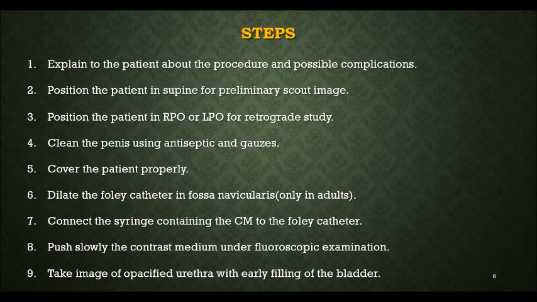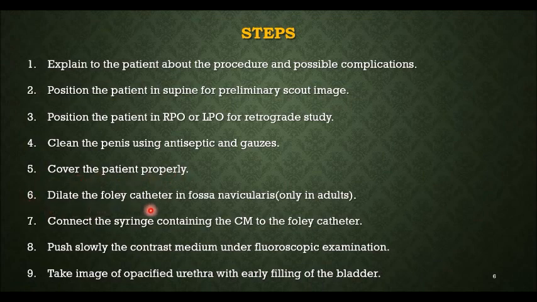So we have many steps to follow when performing a CUG. First of all, you have to explain to the patient the procedure and the possible complications. Position the patient supine for the preliminary scout image, then position the patient in right posterior oblique or left posterior oblique for the retrograde study. Clean the penis using antiseptics and gauzes, and cover the patient properly for privacy.